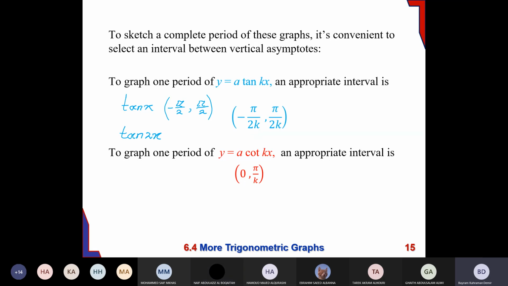Exactly. If you divide by 2, it will be negative pi over 4 is one asymptote, and another asymptote is positive pi over 4. Just divide it by 2. So you will sketch this basic increasing tangent image between negative pi over 4 and positive pi over 4.